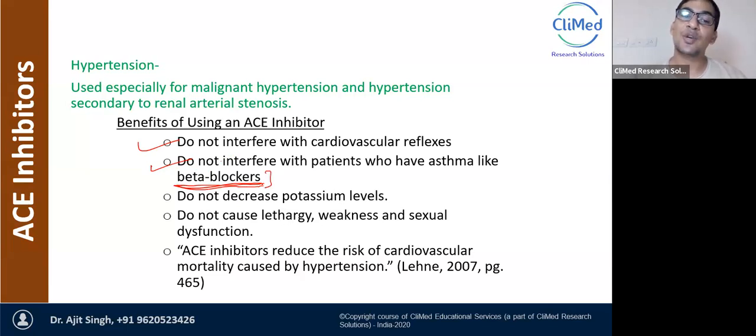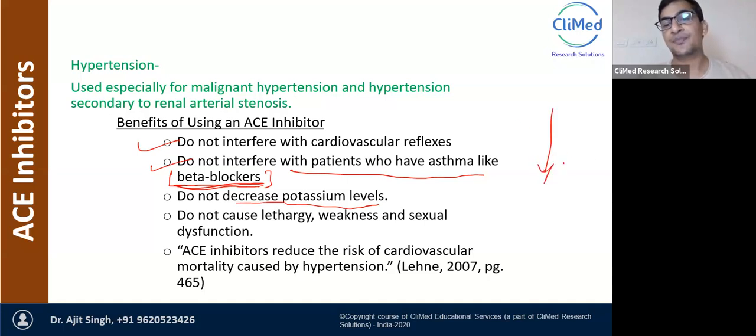So as you know, ACE inhibitors are recommended in patients with asthma, COPD and emphysema. Okay, we cannot give beta blockers. So these ACE inhibitors or ARBs do not interfere with patients who have asthma, right? And they do not decrease the potassium levels to that extent. Like if you are giving diuretics, diuretics can suddenly decrease the potassium levels, but ACE inhibitors and ARBs are not known for that.